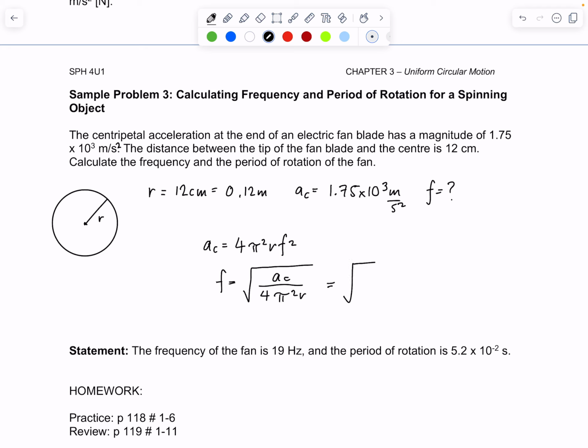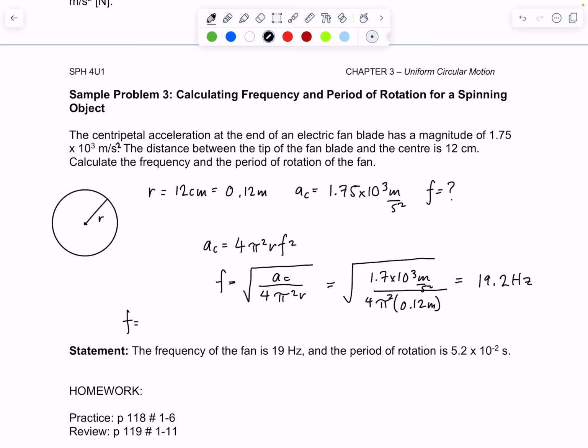Let's sub in our values. We have 1.75 times 10 to the power of 3 meters per second squared divided by 4 pi squared, 0.12 meters. Take the square root of this whole expression, and we end up with a frequency of 19.2 hertz.